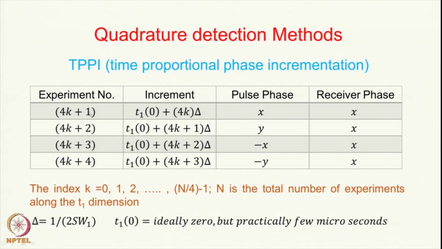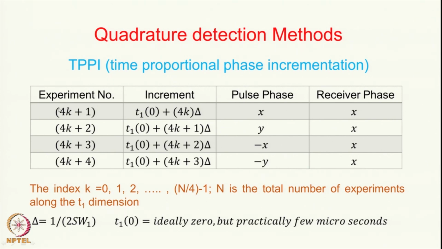So if I am collecting n experiments in total, I divide this into n by 4 groups. This is indicated by the index k, which goes from 0, 1, 2, 3 up to n by 4 minus 1, where n is the total number of experiments.